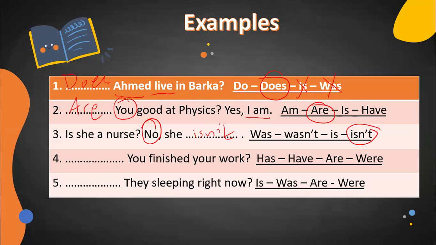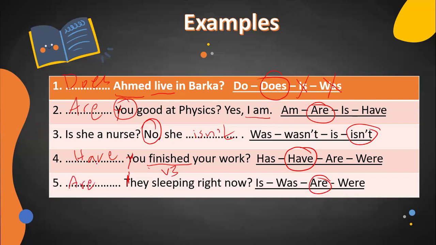Number 4, you finished your work. Finished. It's verb number 3, or the past participle of the verb finish. So we have to use have. Have you finished your work? Number 5, they sleeping right now.